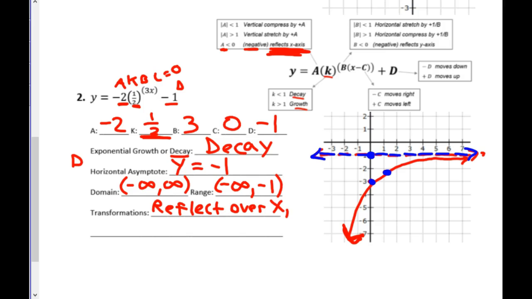All right, and then don't worry about K, because remember, K has to do with A, B, C, and D. So reflect over X. Now, if the A value is negative, we already did that. If A is 2, 2 is greater than 1, right? When A is greater than 1, that's a vertical stretch.